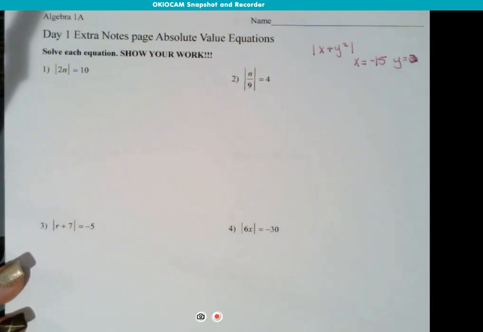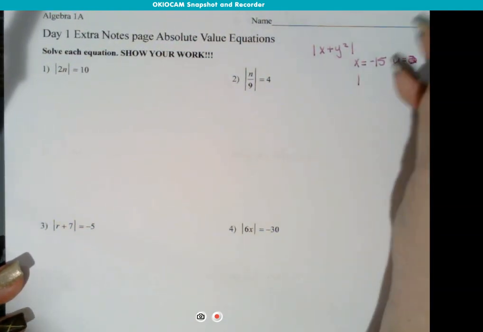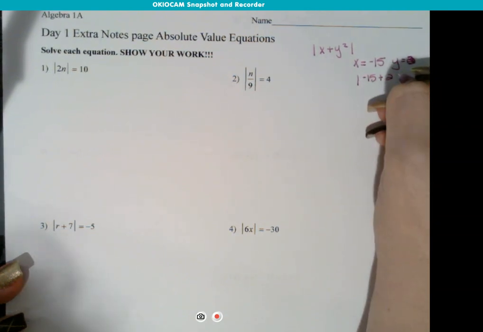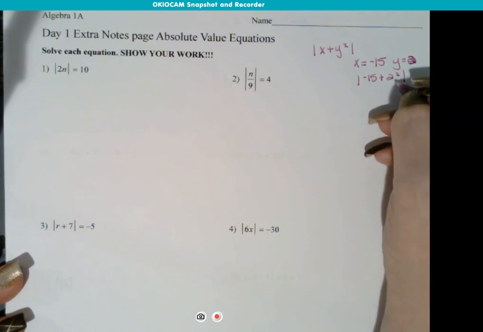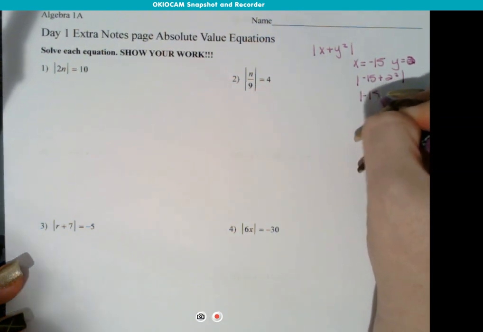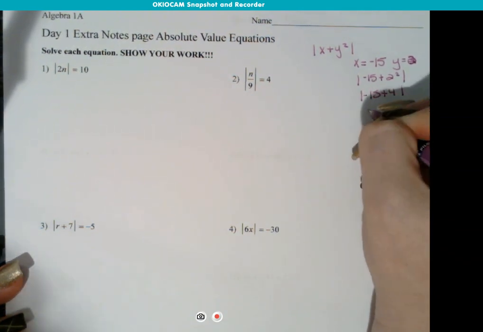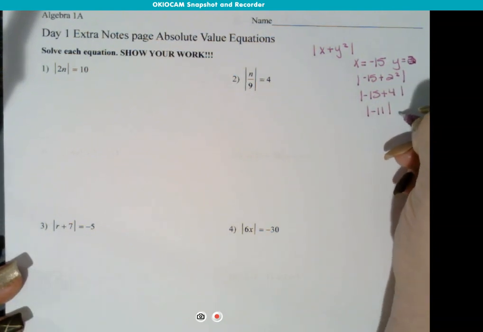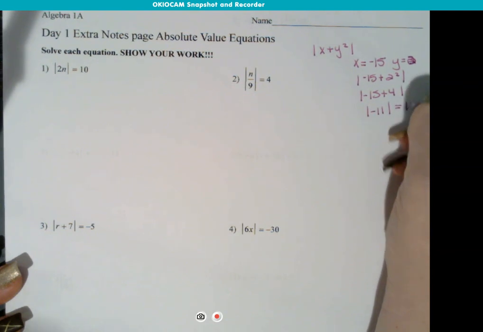So you put in the numbers, and you would have the absolute value of negative 15 plus 2 squared. That was 4, so this would be negative 15 plus 4, which was negative 11. And because it's in the absolute value, which is the distance from 0, this became 11.